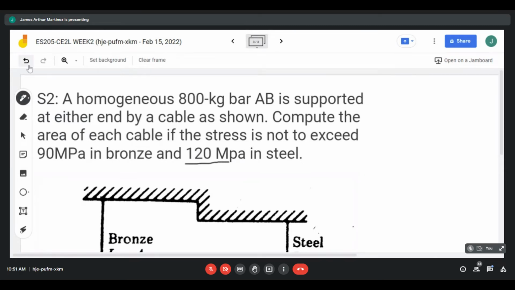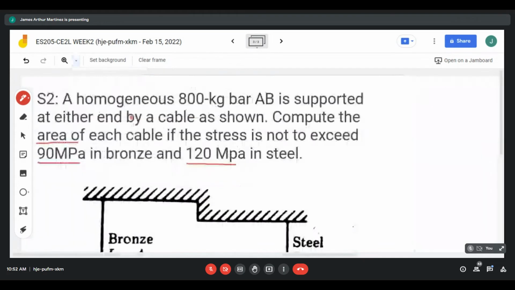For steel, 120 megapascal, and for bronze you have 90 megapascal. Then you are asked to determine the area, so compute the area of each cable if the stress is not to exceed those limits provided. So the area is what we are looking for.